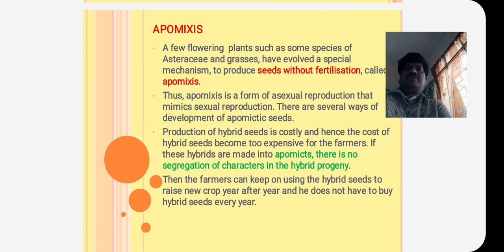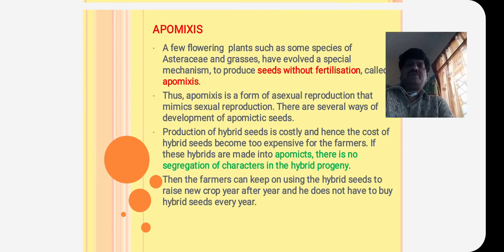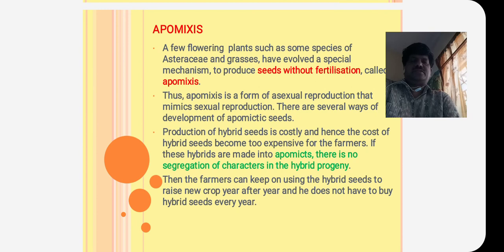So we can develop apomictic seeds. Generally farmers are using more and more hybrid seed. Hybrid seed can be used by a farmer in one season. In the next season they cannot use it because there is segregation of traits. The desirable traits which are accumulated in the seed are segregated in the next season.